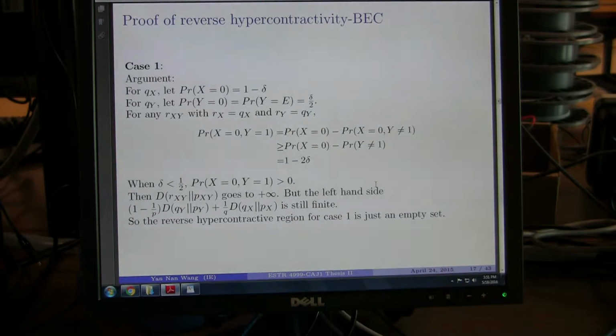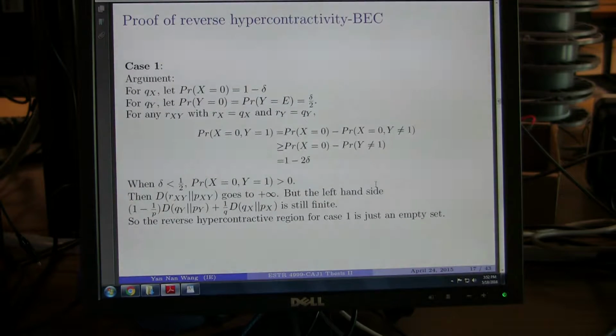Here is the argument for the statement. We can let Q_X be such that the probability of X equal to 0 is 1 minus delta. For Q_Y we could let the probability of Y equal to 0 and the probability of Y equal to 1 be delta over 2. Then, for any R_XY with R_X equal to Q_X and R_Y equal to Q_Y, the probability of X equal to 0 and Y equal to 1 is greater than or equal to 1 minus 2 delta.